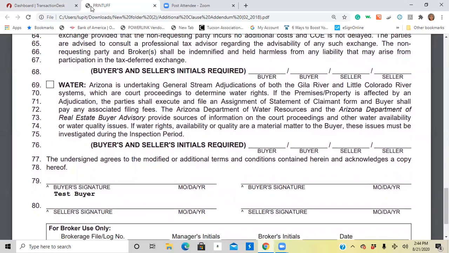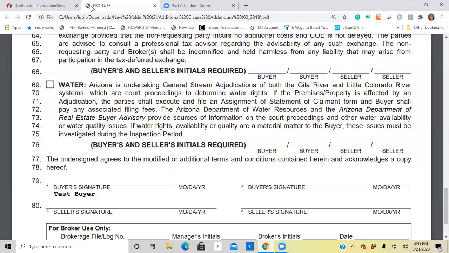Water. Arizona is undertaking general stream adjudications of both the Gila River and the Little Colorado River systems, which are court proceedings to determine water rights. If the premises property is affected by an adjudication, the parties shall execute and file an assignment of statement of claimant form, and buyers shall pay any associated filing fees.